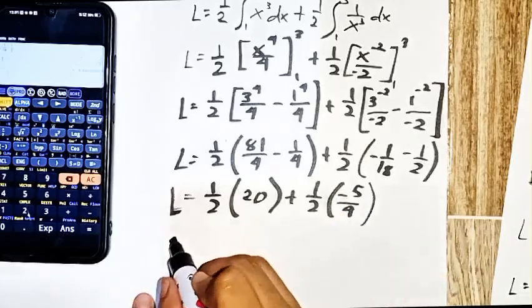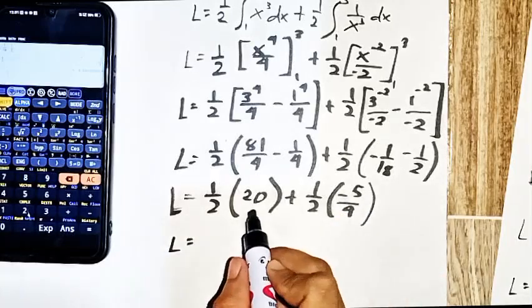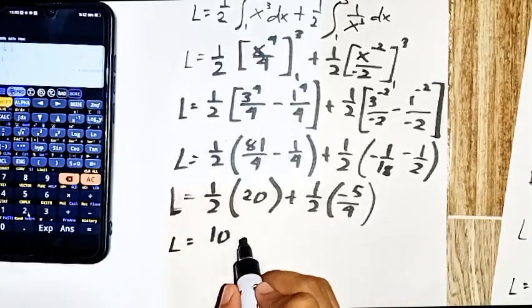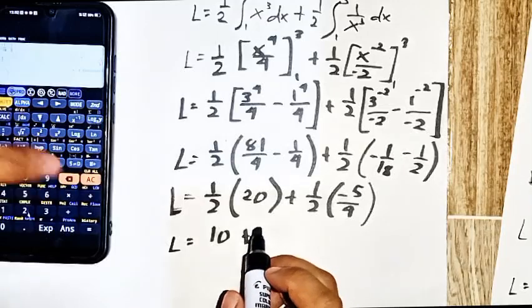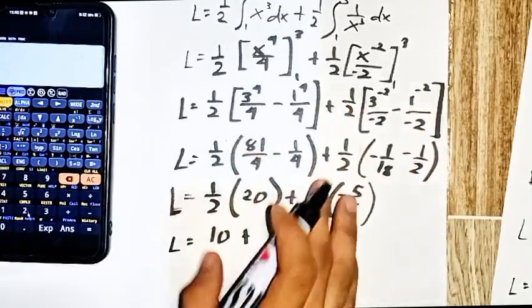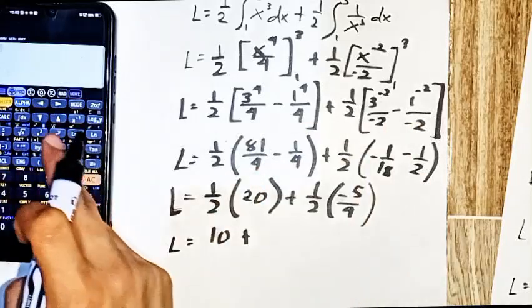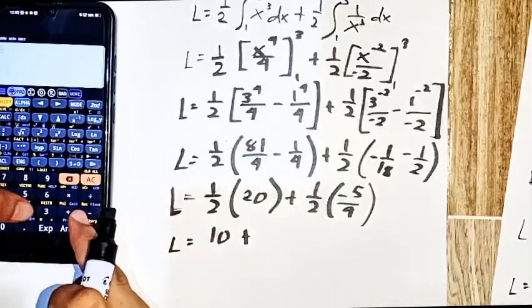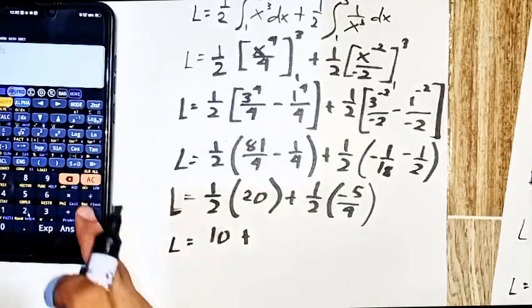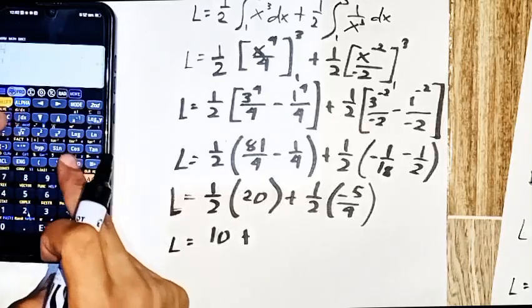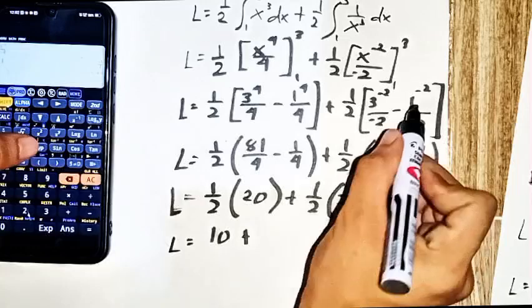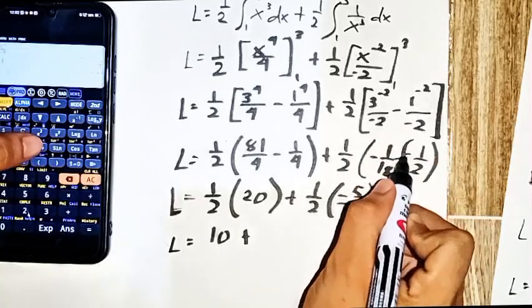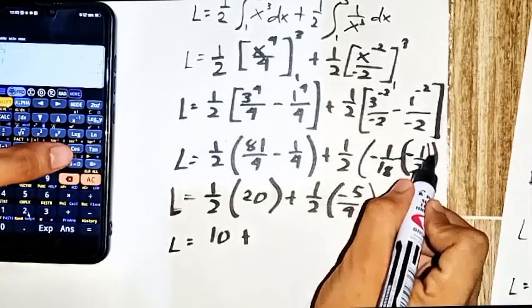So let's multiply. 1 half times 20, we have 10 plus, wait a moment, 1 to the power of negative 2 over negative 2. So this should be negative 1 half, right? So minus, it should have this too. Sorry, I forgot.